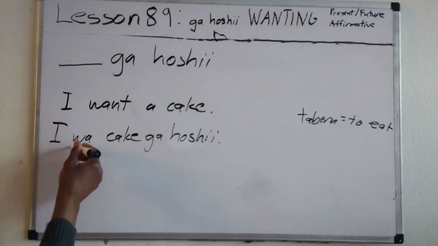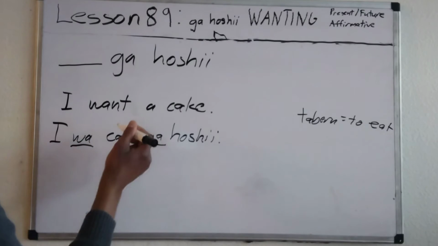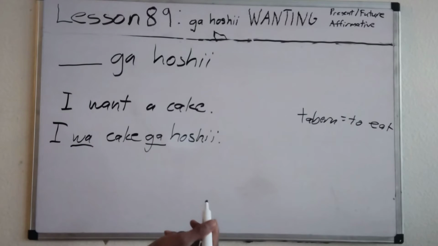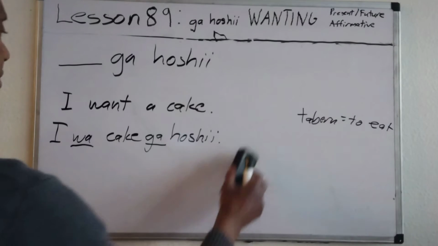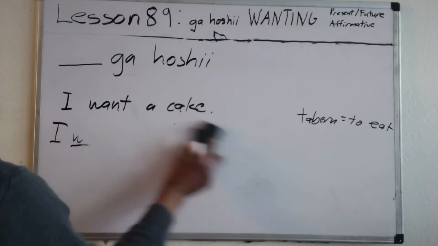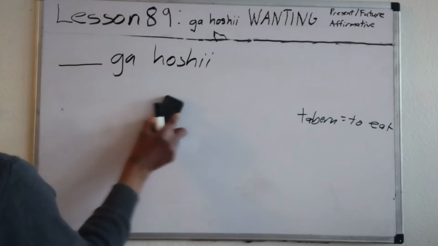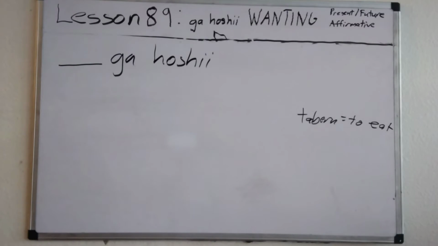You're probably noticing we have wa and ga. You're like they're similar, and wondering what is the ga for. Well, there's a long story about that, which we'll go over right now. Basically, wa.